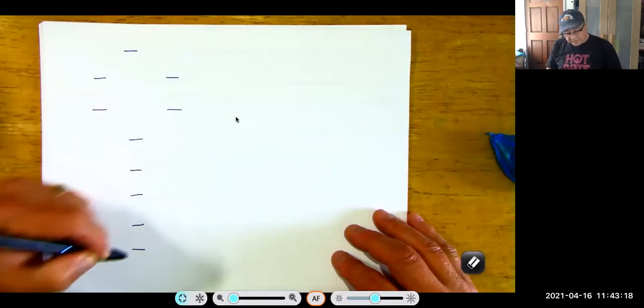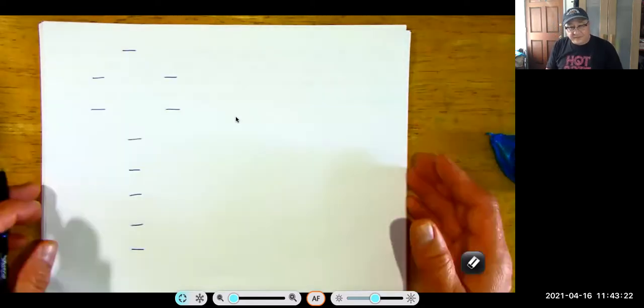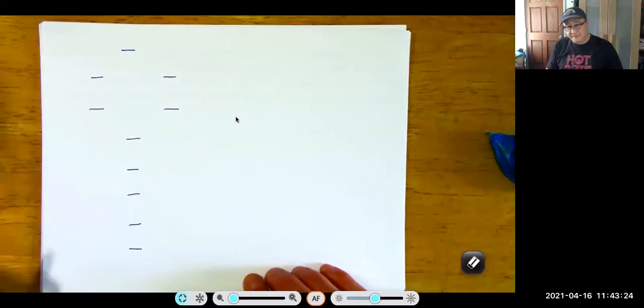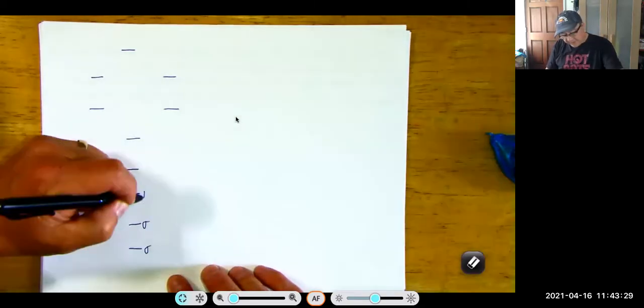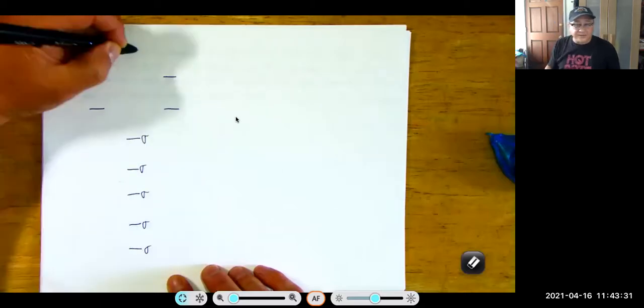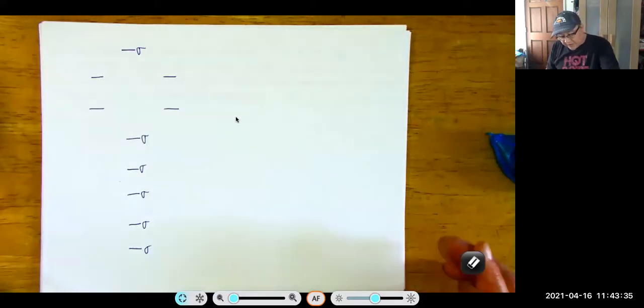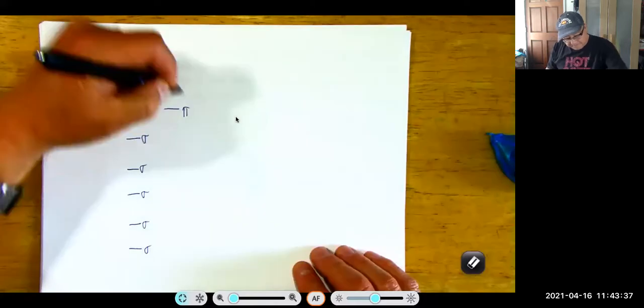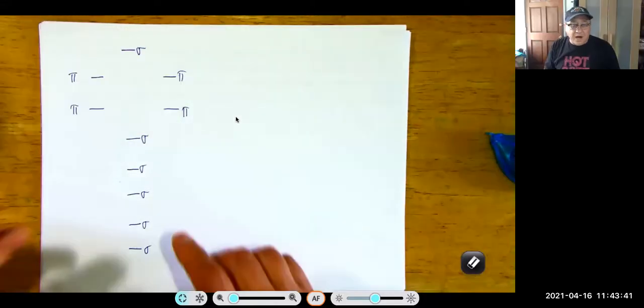Now, if we want to do the manufacturing way of filling this out, here's how it goes. Anything up the middle is a sigma. Next, these are pi's on the outside, right? Now, for every 2 sigmas, the bottom one is a bonding.